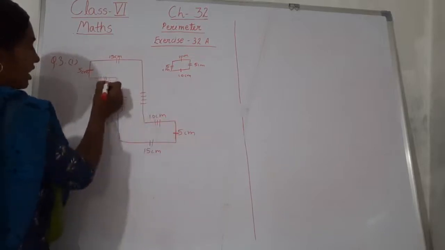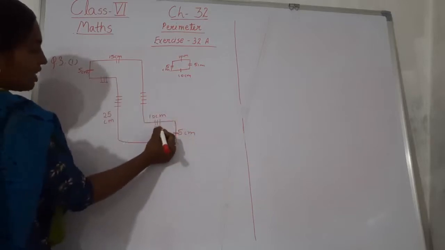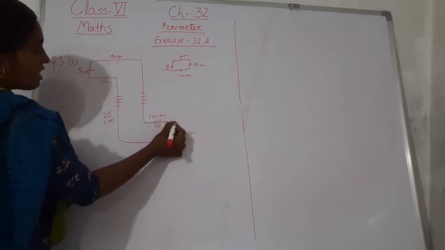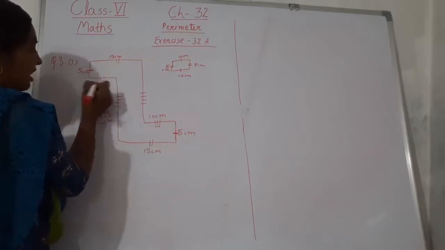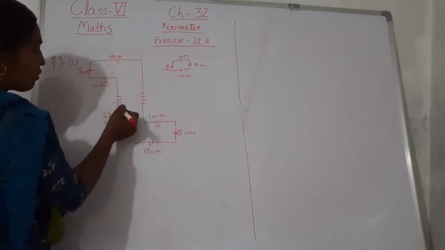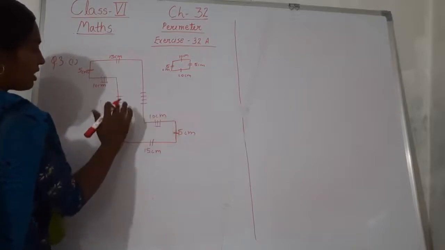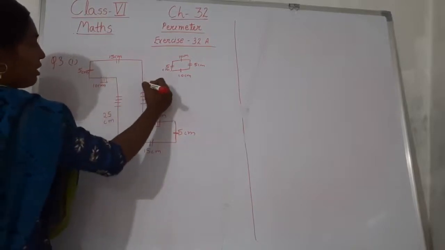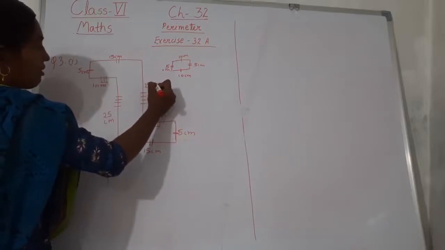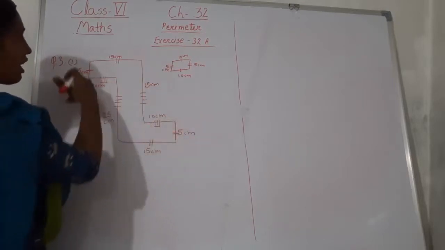Now here is 3 dashes and here is also 3 dashes. It is 10 centimeters, so this will also be 10 centimeters. Here it is 4 dashes and here also 4 dashes, means this side is equal to this side, 25 centimeters. This will also be 25 centimeters. Now we got all the dimensions.